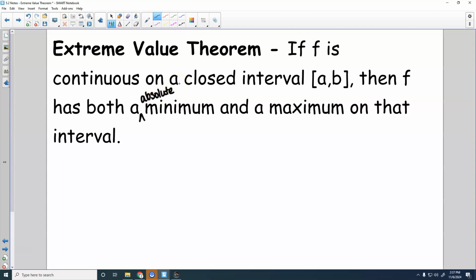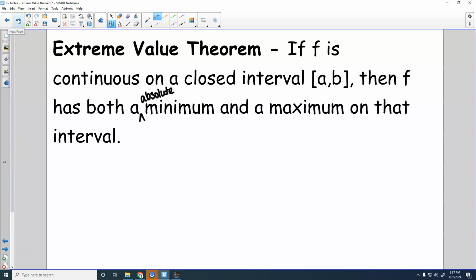If you see the word minimum or maximum without the phrase relative, assume it means absolute. They're usually on AP stuff very careful to make sure they always include that word. On other things, they may not be quite as specific for that.